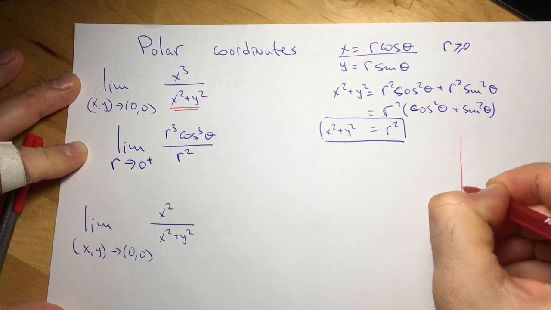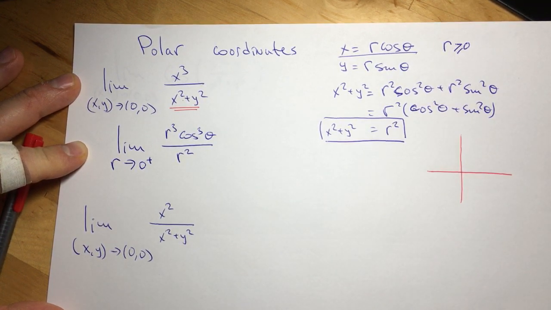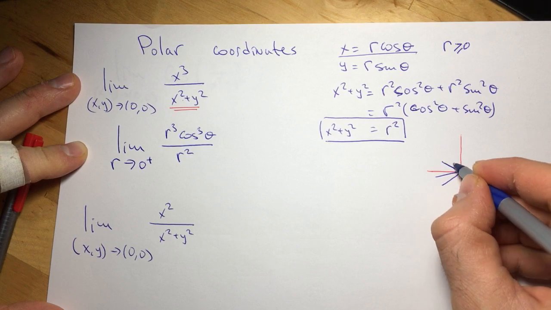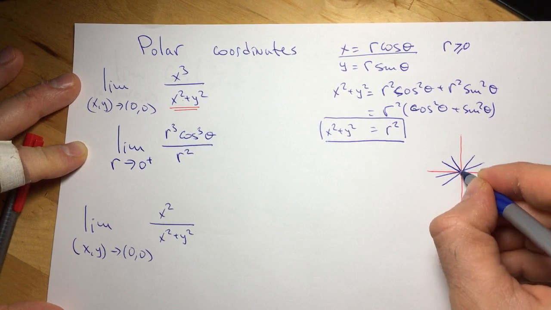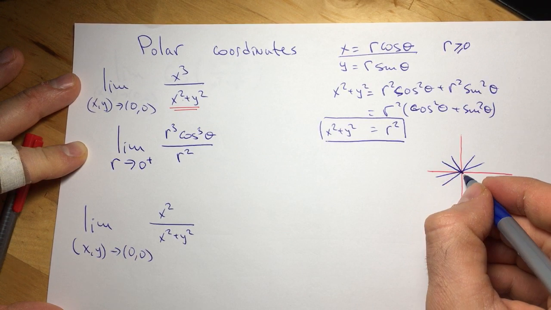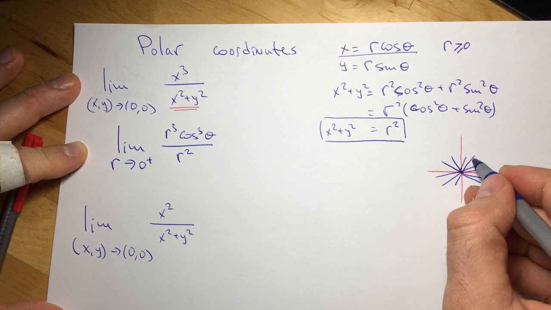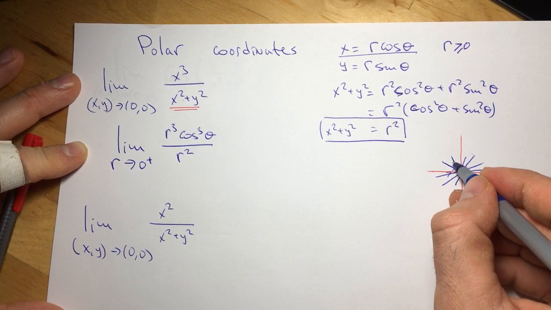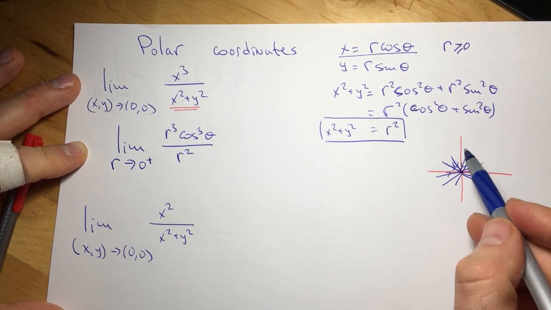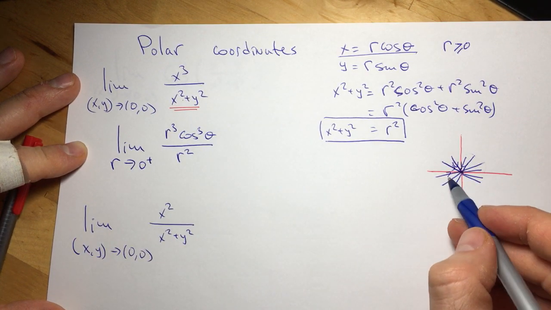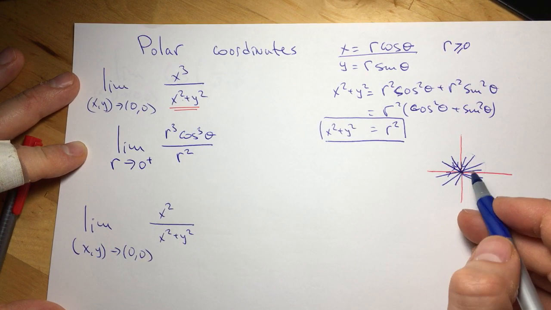Why? Because in polar coordinates, the radius diminishes, shrinks to 0. It's always positive, that's why it goes always from the right, independently of the angle. So we're going towards 0, we don't care about theta. The only idea is that the radius shrinks to 0.